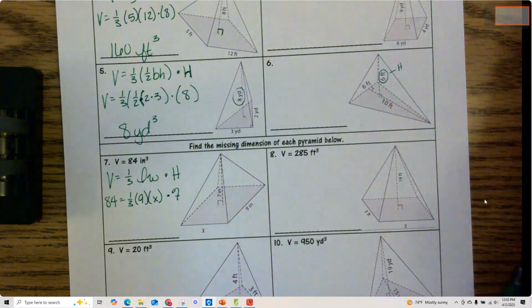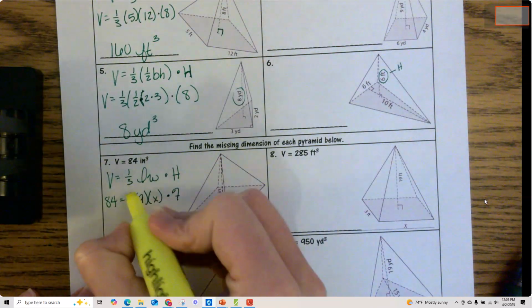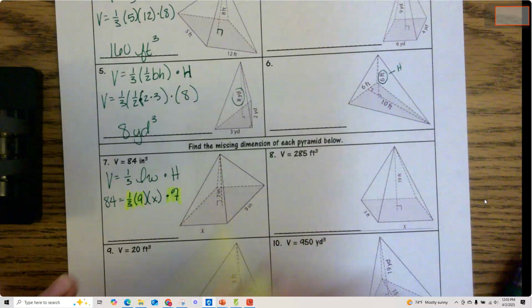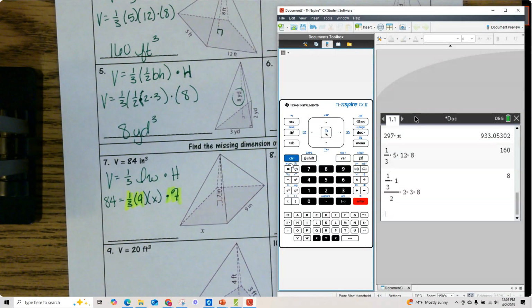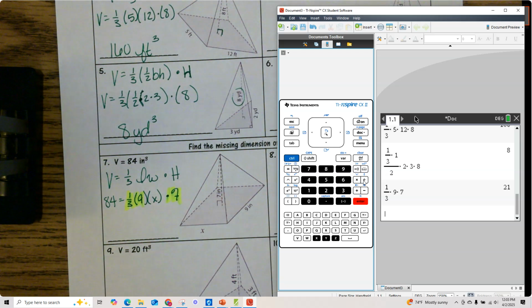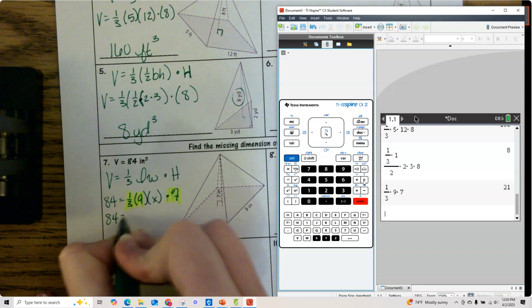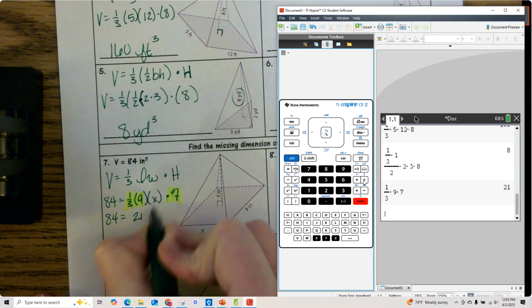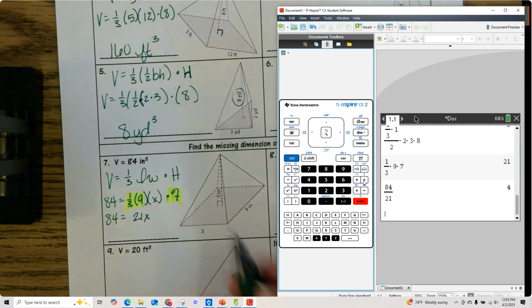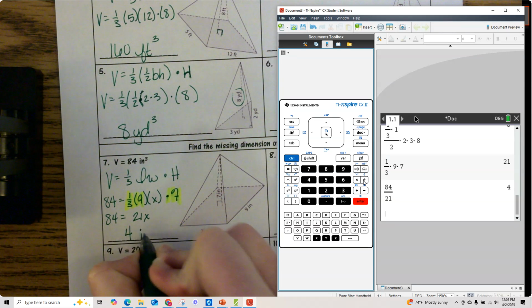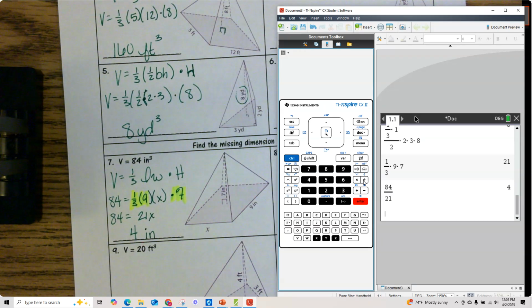So if I want to simplify this down, I'm going to do just the numbers because, again, this is all multiplication. 1/3 times 9 times 7. So now I have 84 equals 21, and then I haven't done anything to get rid of that X yet. To solve by hand, divide both sides by 21. Again, all your answers should be nice and pretty on this.